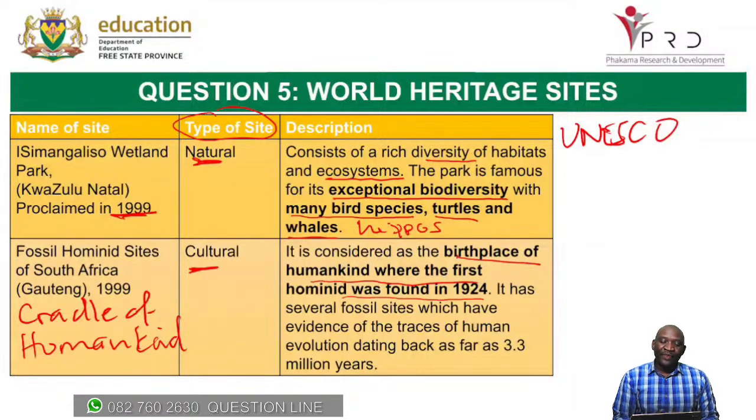And fortunately, they found some calcium, which is used to make Colgate. They also found, in this particular place, a hominid which was stuck to a rock. And then when they looked at the traces of this particular hominid, they found that it dates back as far as 3.3 million years ago.